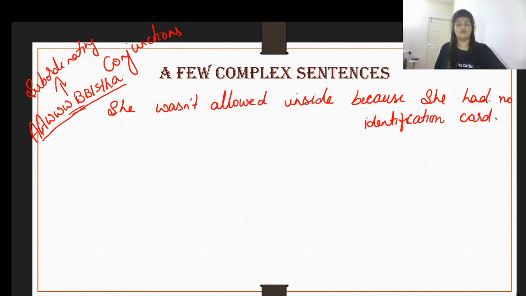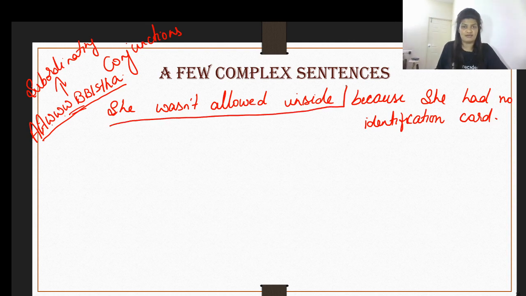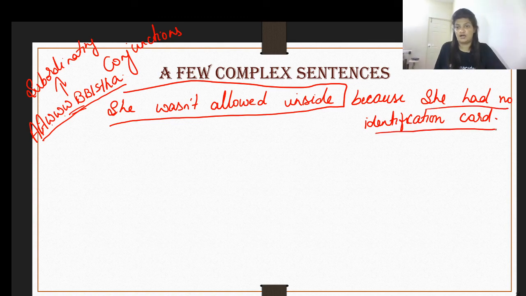Now here you have to focus again on two different clauses. Here, she wasn't allowed inside is clause number 1, and another clause is she had no identification card.